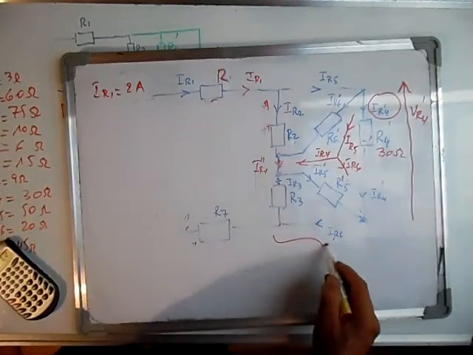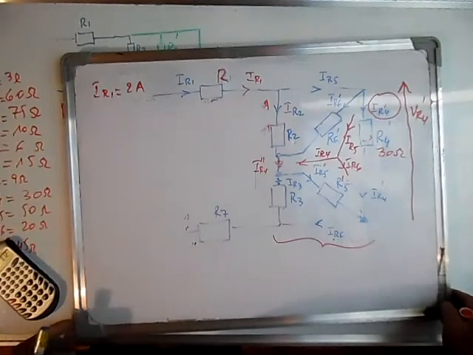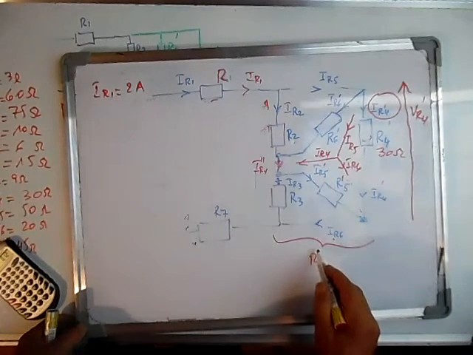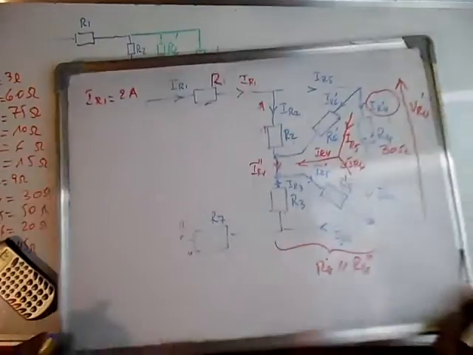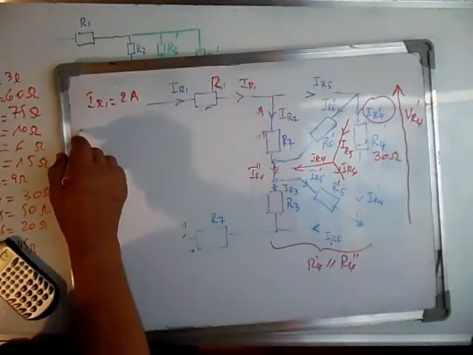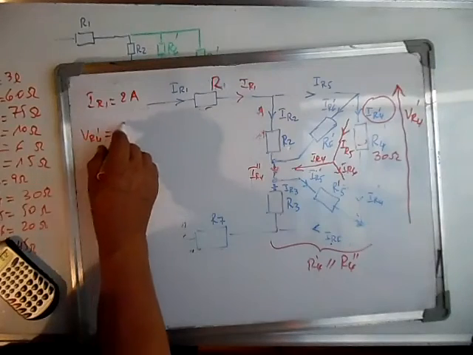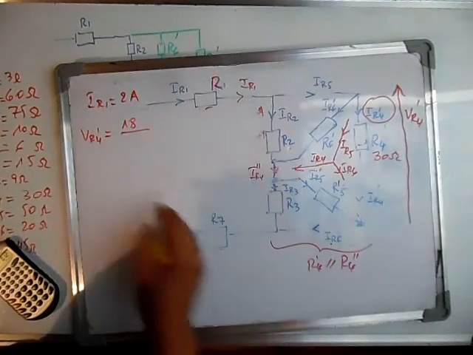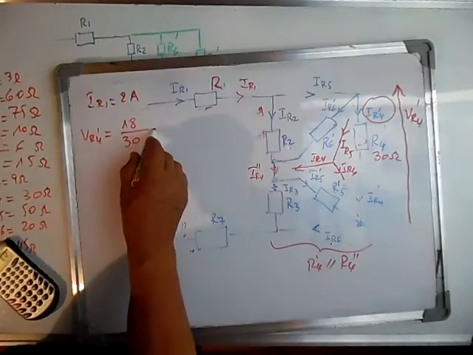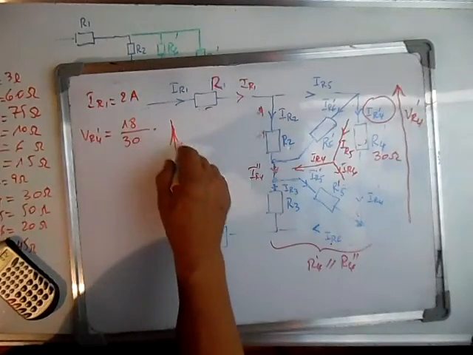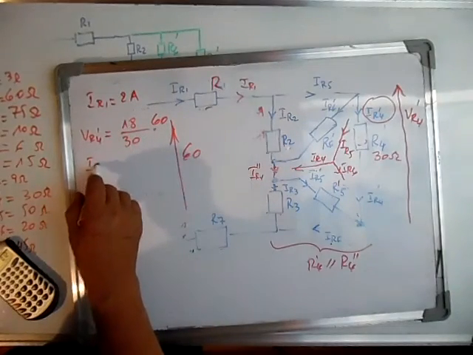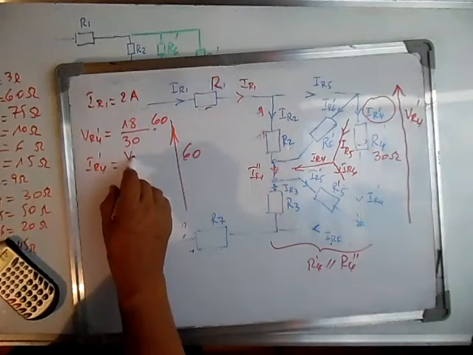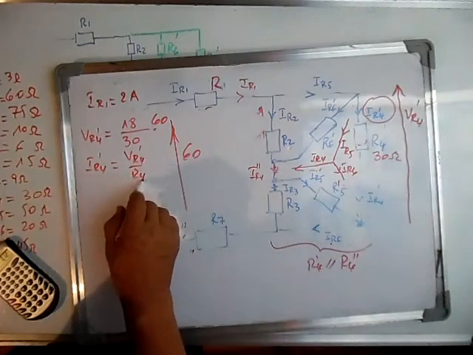We have to know this equivalent resistance, R4 prime in parallel with R4 second. This is calculated, it's 18. So we can calculate VR4 prime. It's 18 over R equivalent, which is 30, times the main voltage, 60. From this we can calculate IR4 prime. It's VR4 prime over R4 prime.